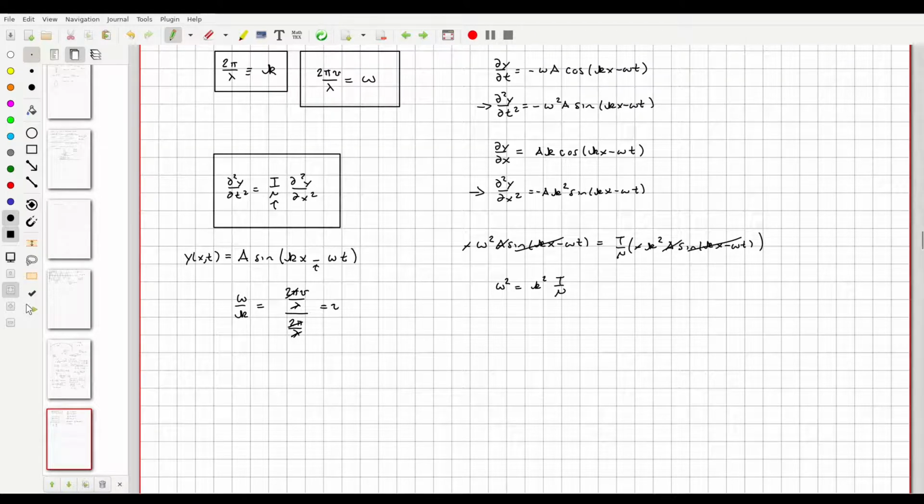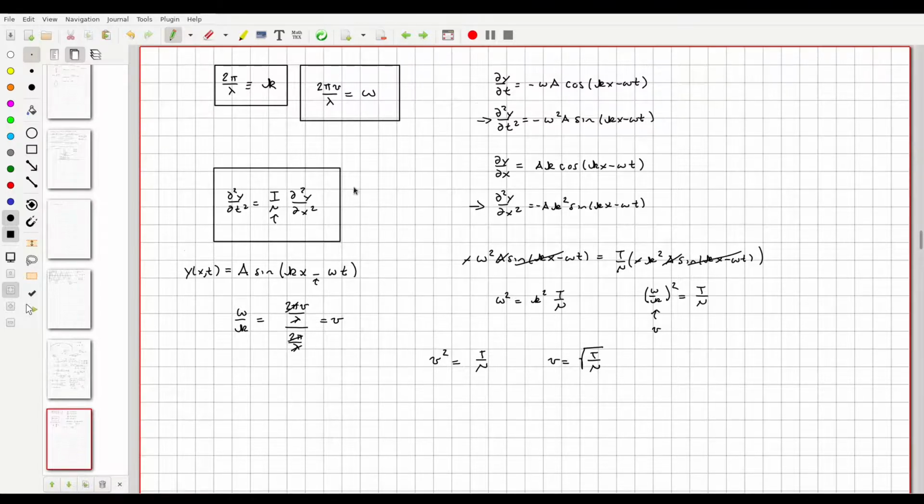I get v, the speed of the wave. So I'm going to move this k over to the left-hand side. When I do, I have omega over k, squared, on the left, and t over mu on the right. But as we just saw, omega over k is the speed of the wave. So v squared is equal to t over mu, or v is the square root of t over mu.